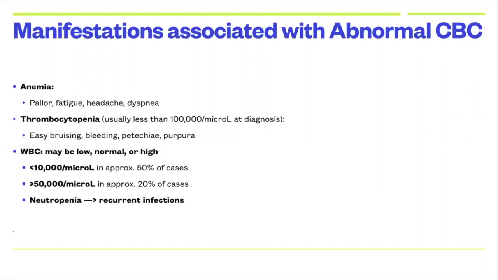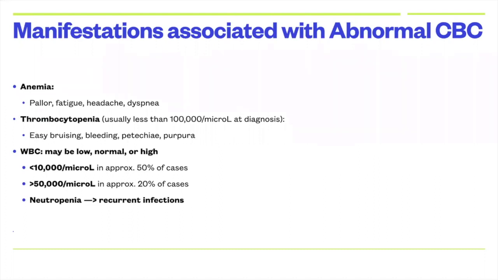Now, this leukocytosis is going to be at the expense of lymphocytosis, which will lead us to doing another test, which is looking under the microscope. We need to see a peripheral blood smear. We need to see what is causing this leukocytosis, and we're going to see a very typical feature. Now, here I mentioned neutropenia again.